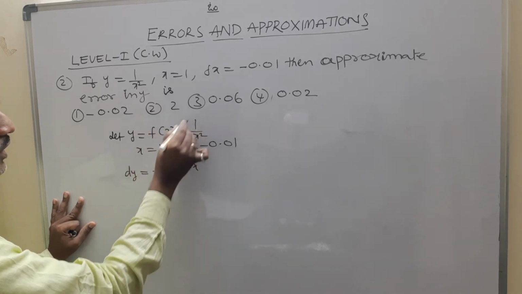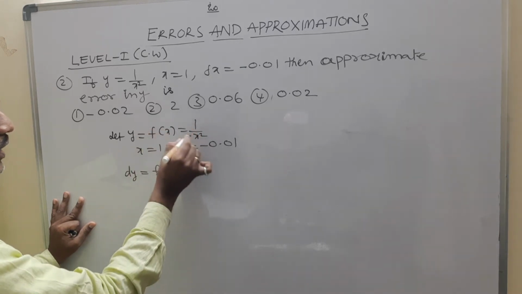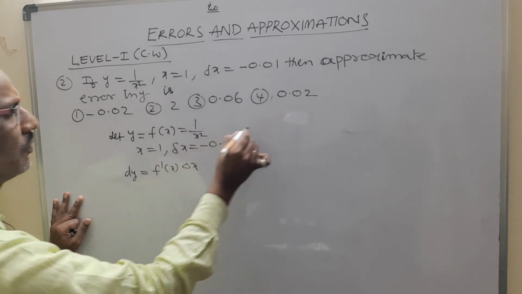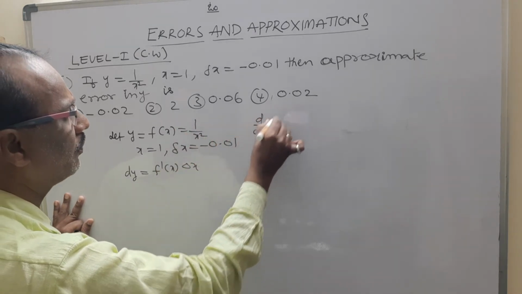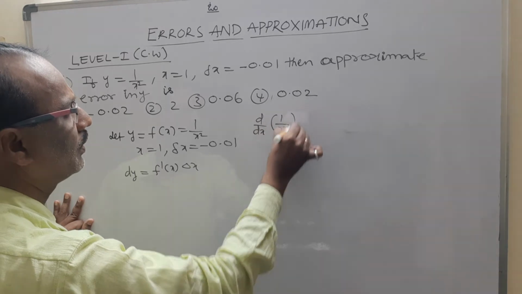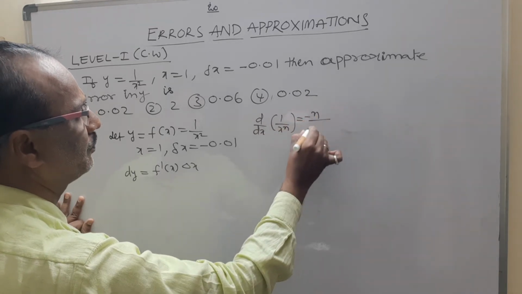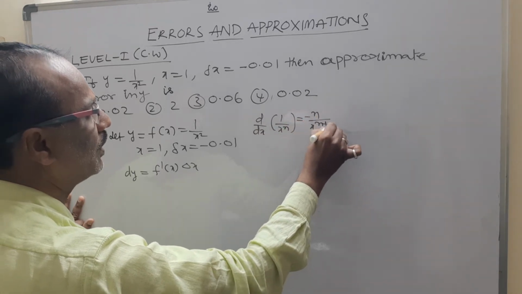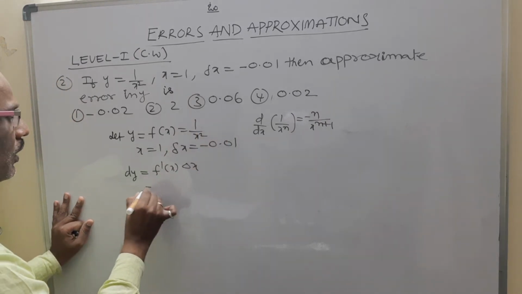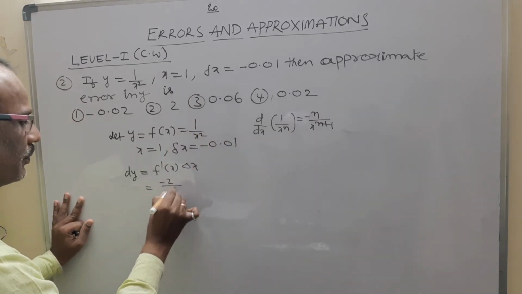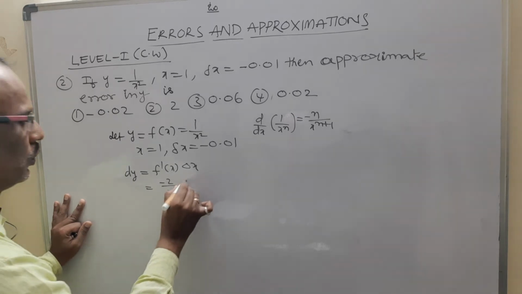Here f of x is equal to 1 by x square. The differentiation d by dx of 1 by x power n is minus n by x power n plus 1. So d by dx of 1 by x square is minus 2 by x cubed, into delta x.